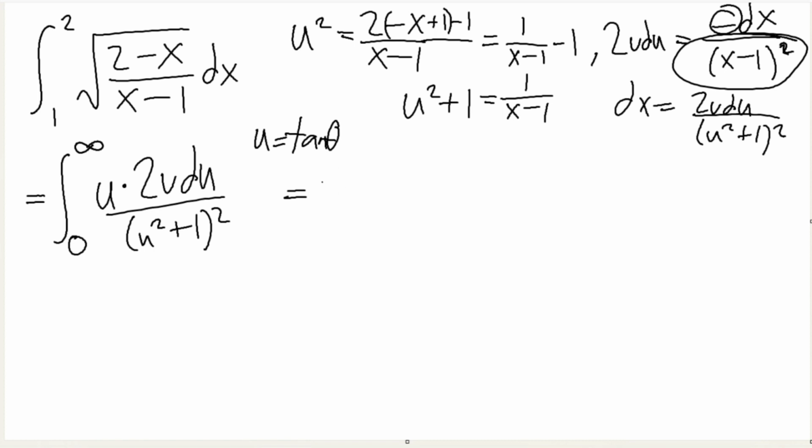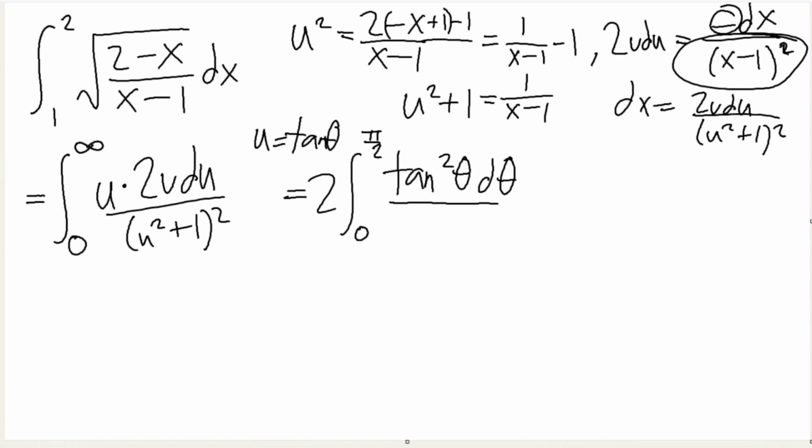So now, I'm going to put that 2 at the side, from 0 to pi over 2, because tangent pi over 2 is infinity. And then tangent squared becomes tangent squared theta, d theta. And then the secant squared kind of cancels out with some of this, and we'll be left over with secant squared theta.